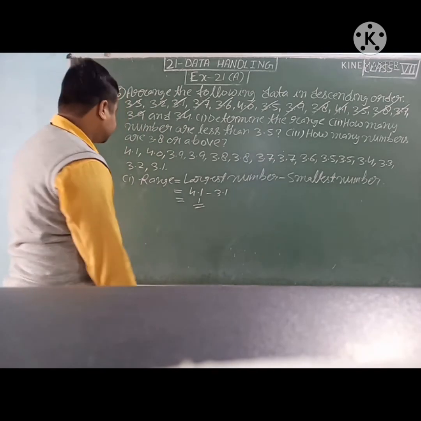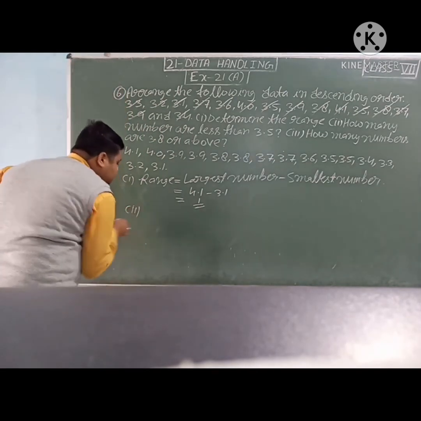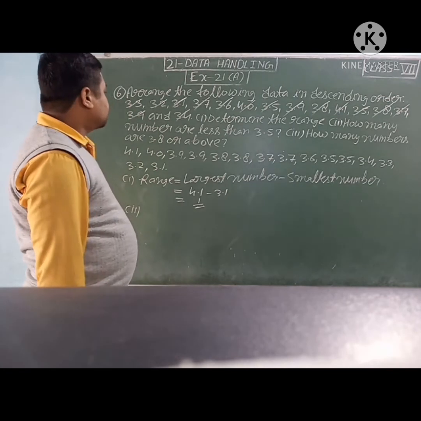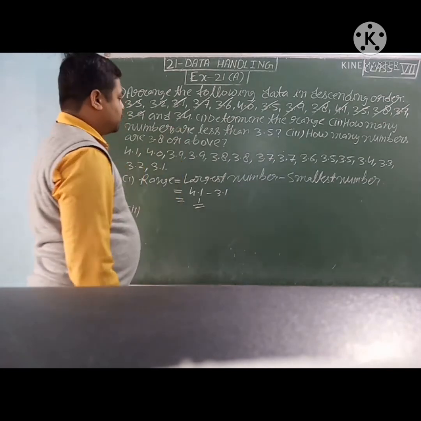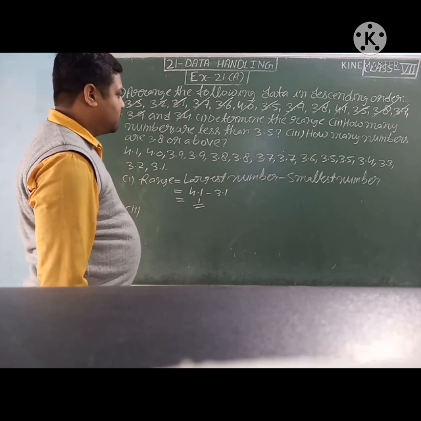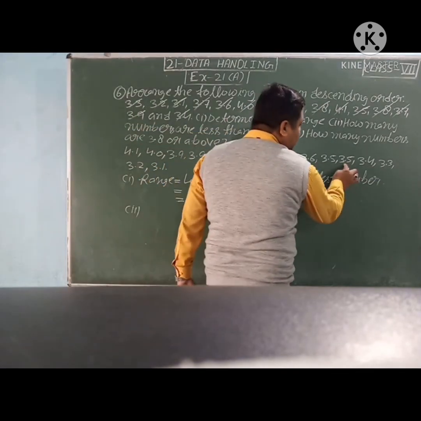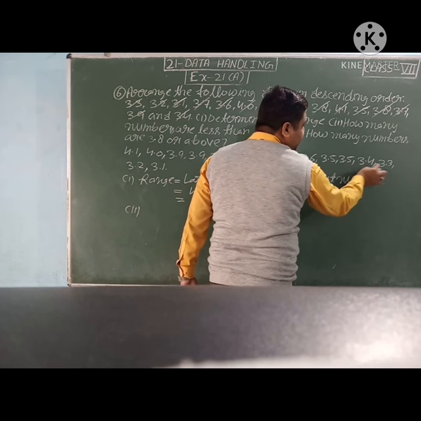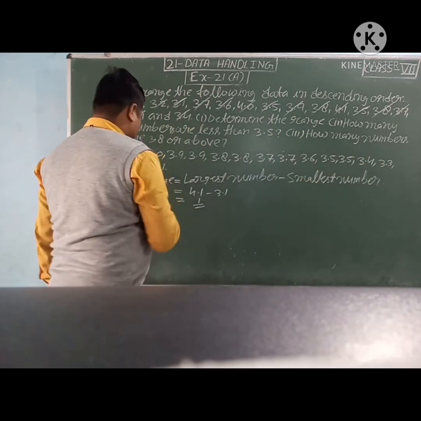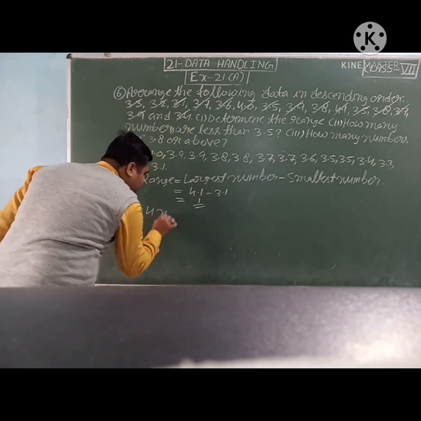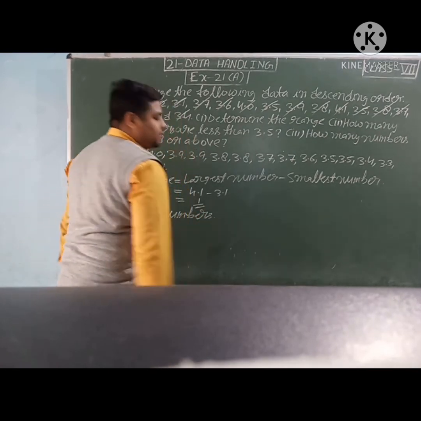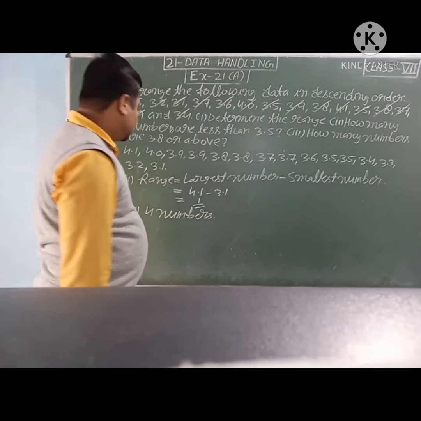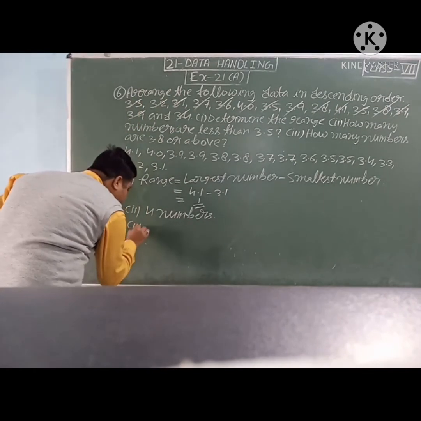Second one, how many numbers are less than 3.5? Less than 3.5. It means numbers after this. How many? 1, 2, 3, 4. So 4 numbers are less than 3.5. Next, third part.